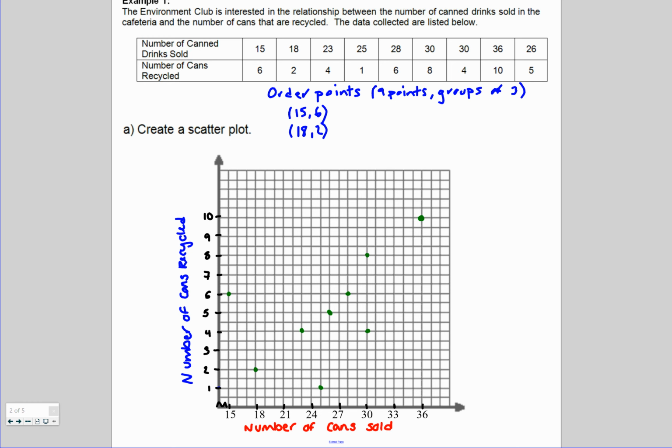The next one is 23 and 4. Then in my second set, I have 25 and 1. Then 28. So 26 and 5.